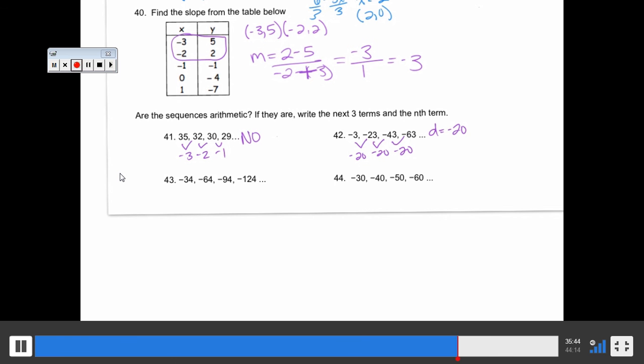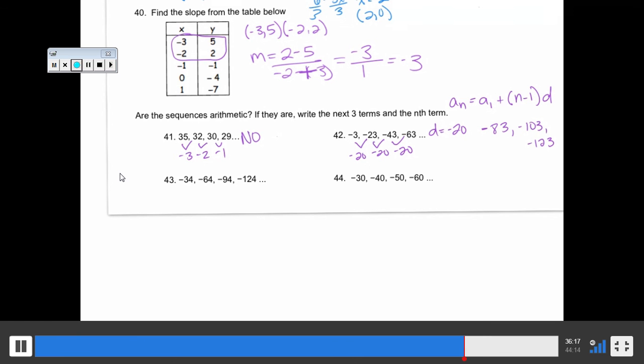So if we do the next three terms, we would just have to minus 20. So that would be negative 83, negative 103, and then negative 123. And then if we need to write the nth term, we need our formula for that. And that is a sub n equals a sub 1 plus n minus 1 times that common difference.